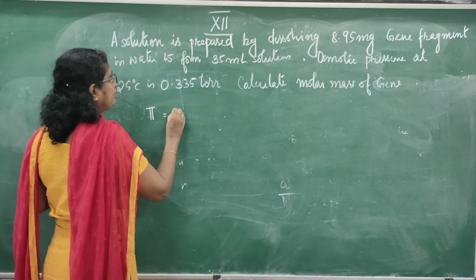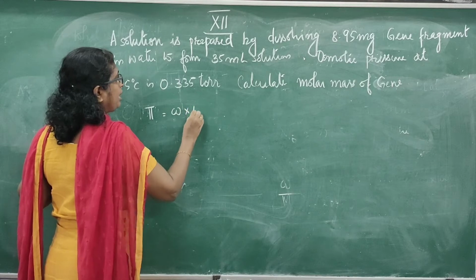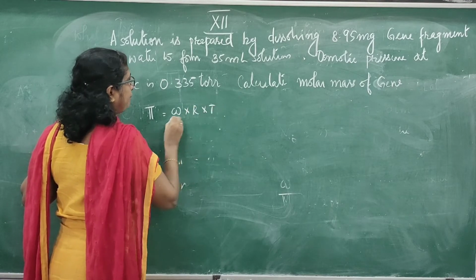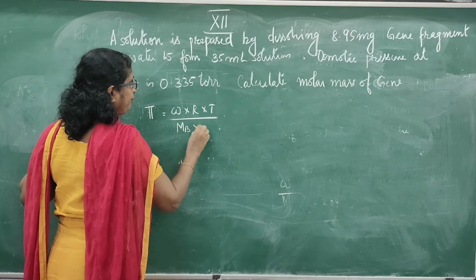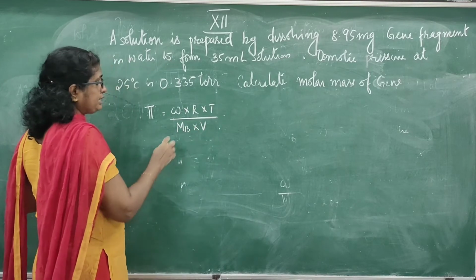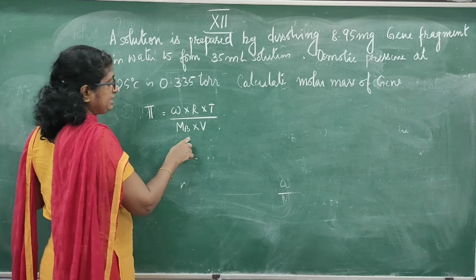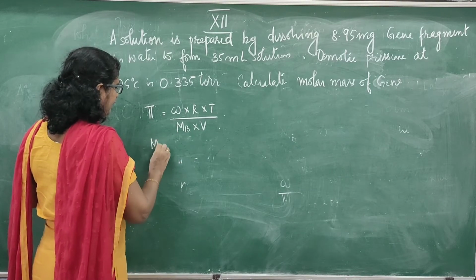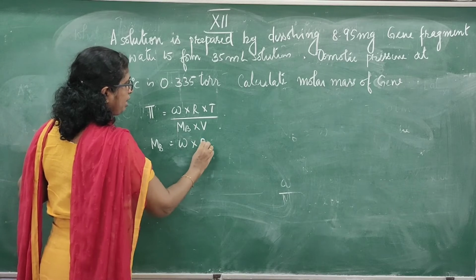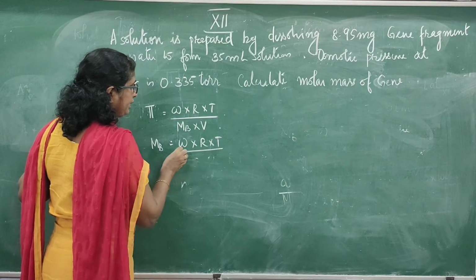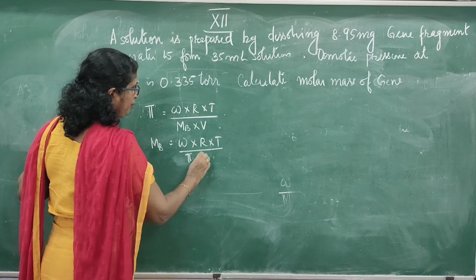Pi is equal to w into R into T by M B into V. Now, what do you have to calculate? The molar mass of the gene. So M B you will have to calculate. M B is equal to small w into R into T by Pi into V.